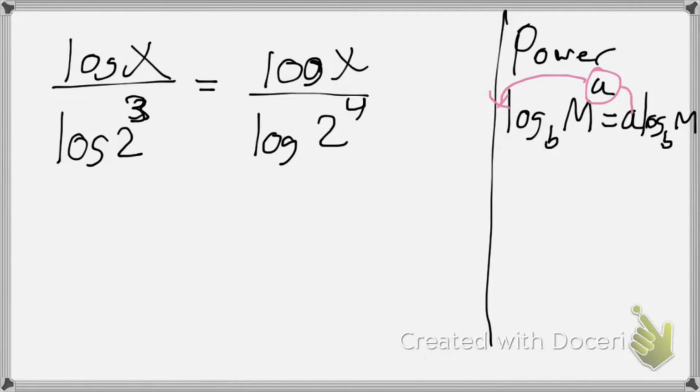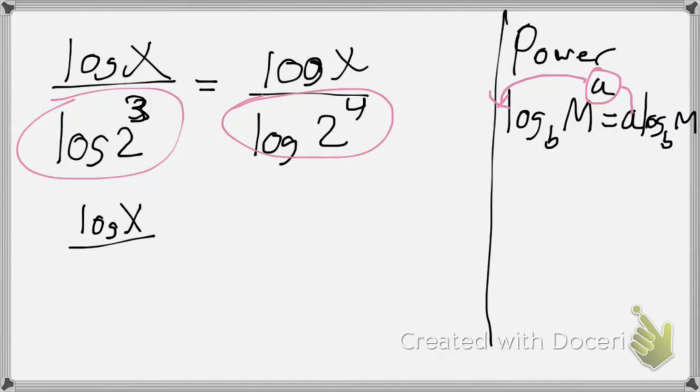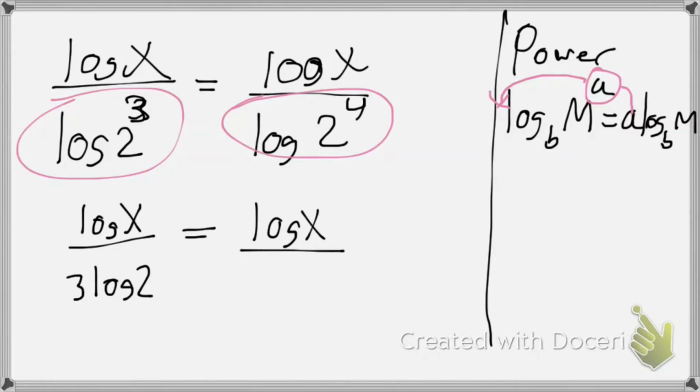That's what we did over here. So we can apply that property to these two logarithmic functions. When we apply that property, it becomes log base 10 of x over 3 log base 10 of 2, which equals log base 10 of x divided by 4 log base 10 of 2.